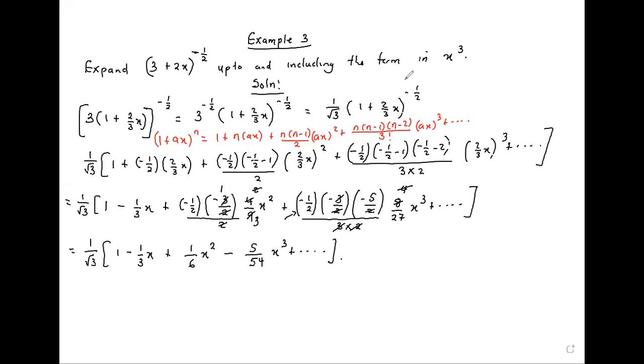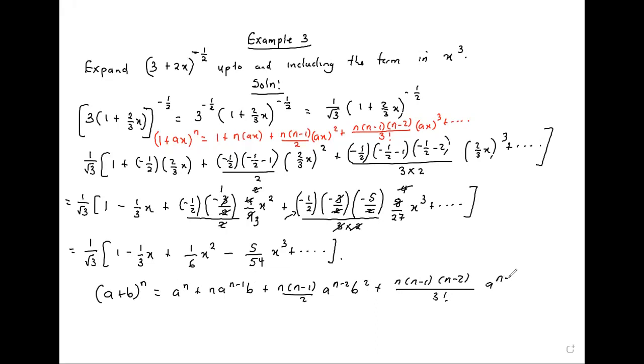So it cannot go in the position of the power. Remember, the expansion we are dealing with is a plus b to the power n, where in your expansion, each of them has a place to occupy. A to the n, then n a to the n minus 1 b, n times n minus 1 over 2 a to the n minus 2 b squared, n times n minus 1 times n minus 2 over 3 factorial a to the n minus 3 b cubed.